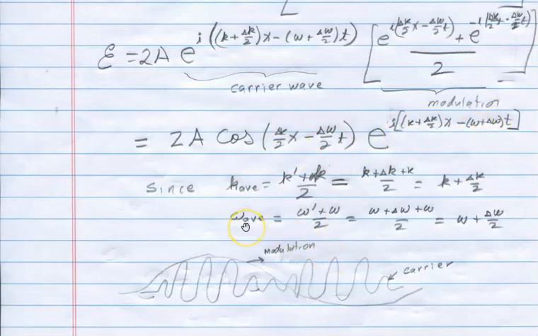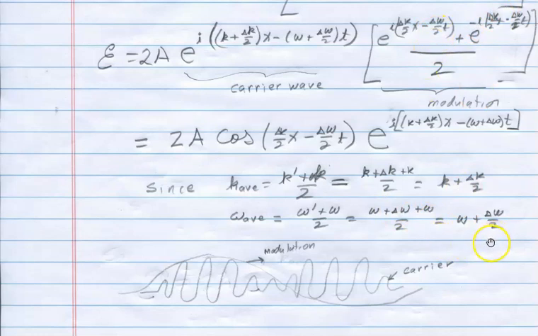Likewise, for the average frequency, if I take the average between omega prime and omega, the frequencies of the two respective waves, then again, using our definition that omega prime is just omega plus delta omega, you get this factor.